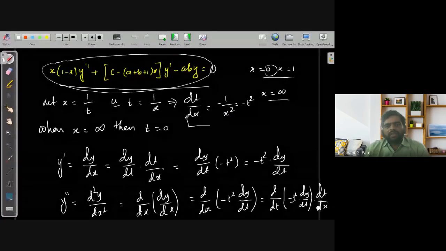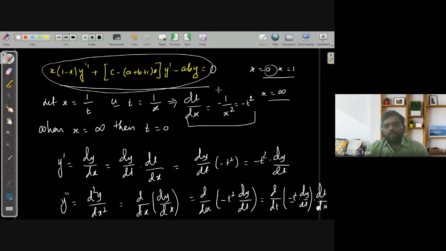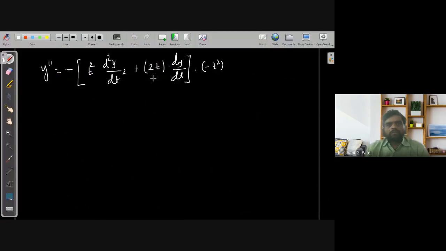We calculated dt by dx; it is minus t square. So if you multiply this t square inside, minus minus becomes plus, and finally you will have t power 4 d square y by dt square plus 2t cube dy by dt.